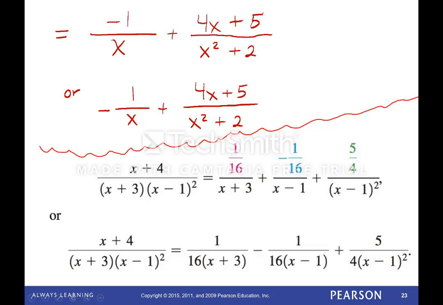I figure I should mention it because on our example problems we don't get that here. So this is a totally different problem. Example number 4 was totally different from practice problem number 4. But when the book did it, these fractions come in. So negatives go out in front, denominators on top go down as multipliers on the bottom, and again the 5 stays on top, the 4 goes down to the bottom. So this is the normal way we like to see it right here.